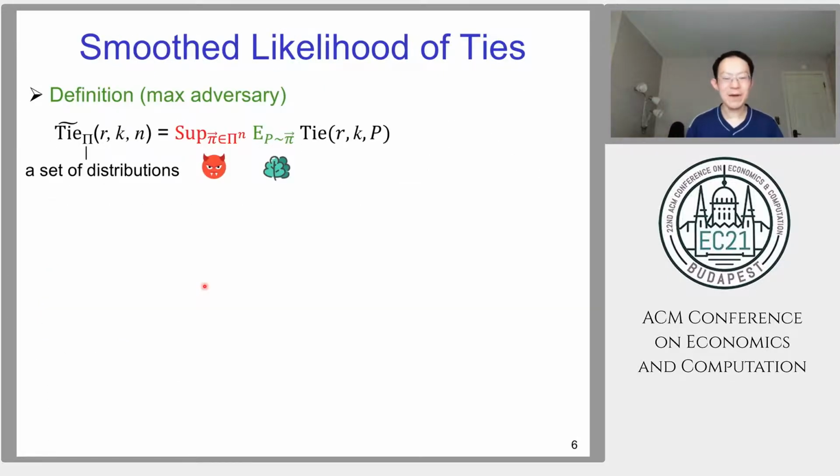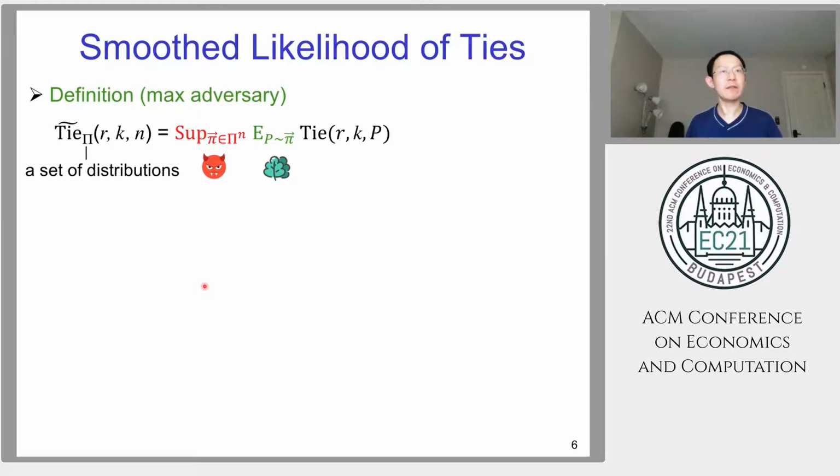As promised, this paper is not just going to look at the probability of ties, but also at the smooth likelihood of ties. Here is the definition. In this talk, we're going to focus on the so-called maximal adversary.